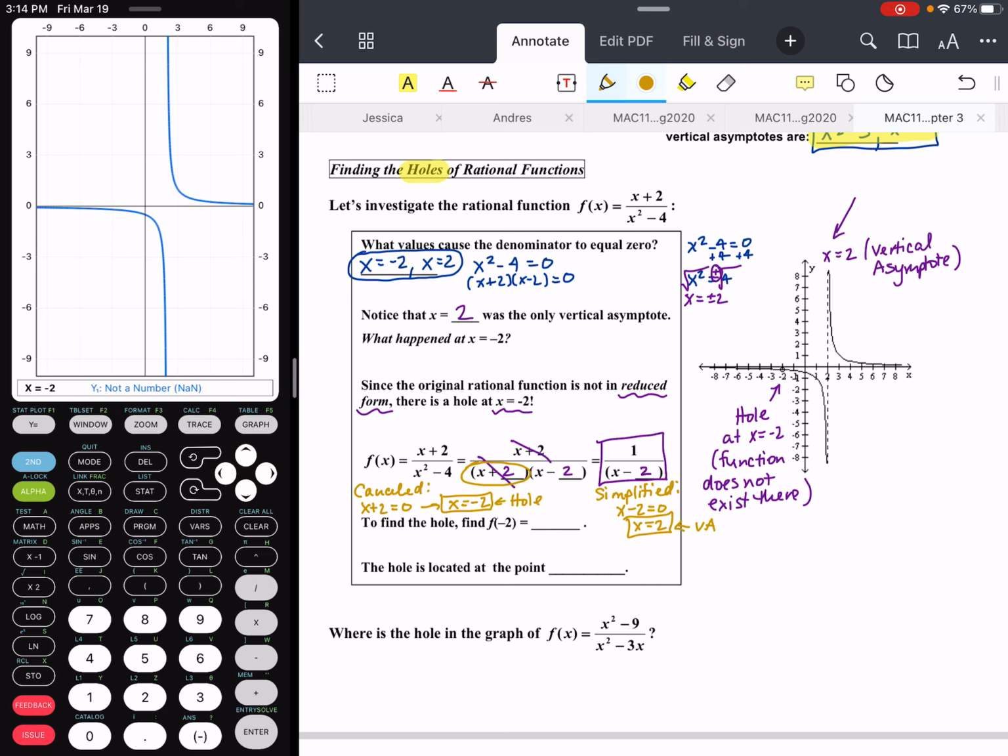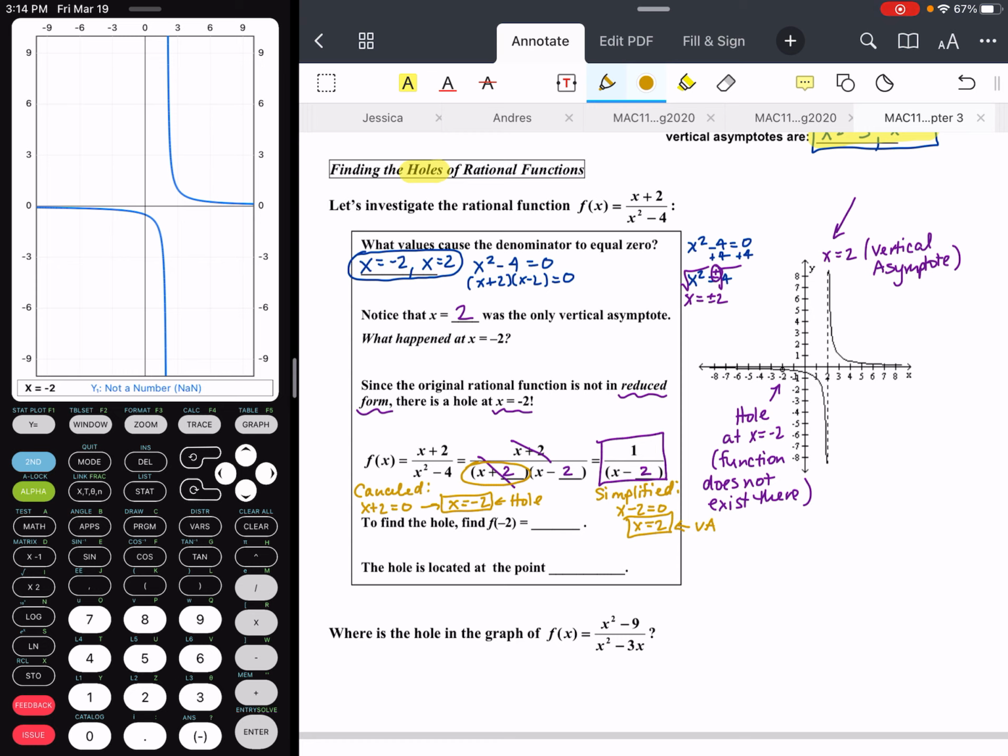So a factor that still remains in the simplified denominator of a function produces your vertical asymptote. Any factor that could get canceled out in the simplification process, you can still set that equal to 0, but that creates a hole in your function.